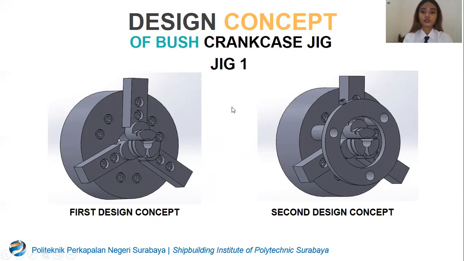But for the second design concept, the design is too complicated, the jig operation is inefficient, it is difficult to manufacture and not easy to repair, but the jig is stronger than the first concept. The material price is also affordable and the material is easy to get.